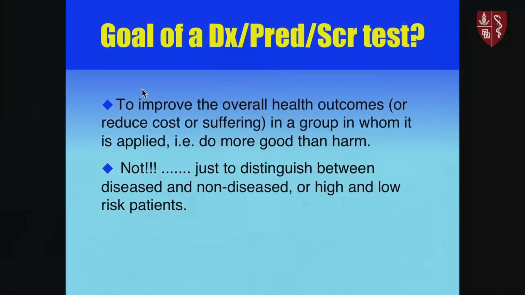Usually the answers I get are something about how to separate disease from non-disease people or high and low risk patients, which of course is a proximate goal, but it's a surrogate goal. At the end of the day, people have to be better off because you use that test than if you didn't use that test. That is the gold standard for testing, okay? And that's it. That's the only gold standard. Now, some might look at profits and other things like that, but we're not going to use those today.